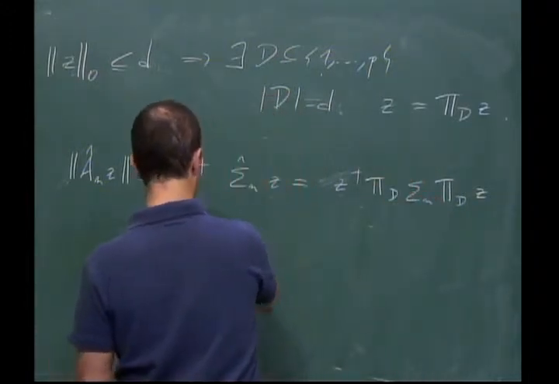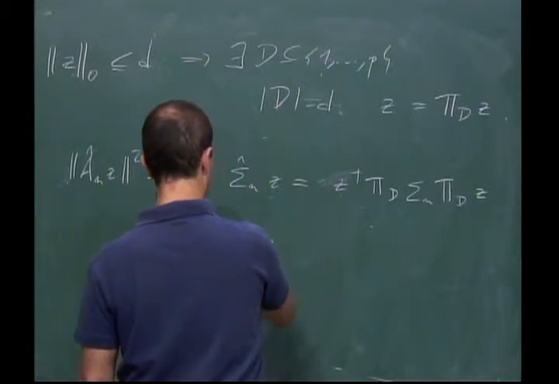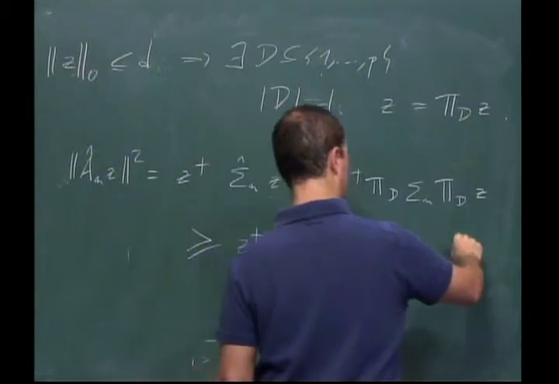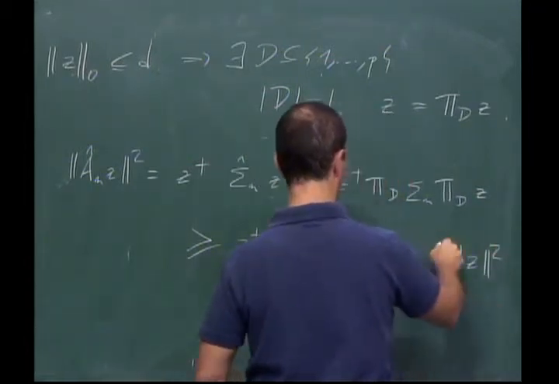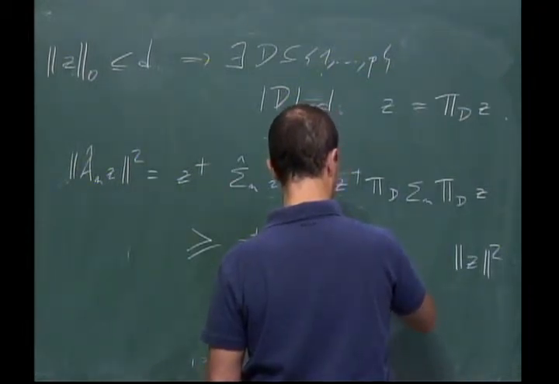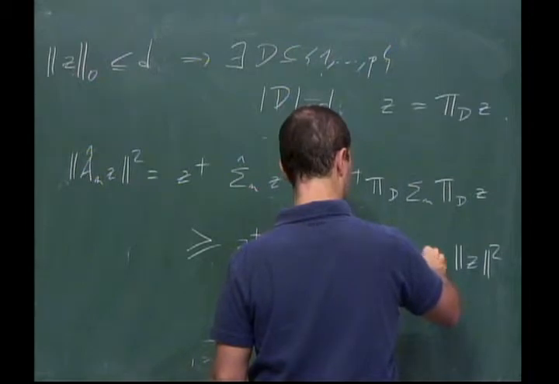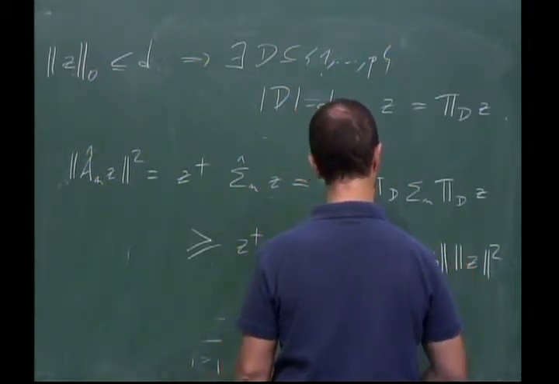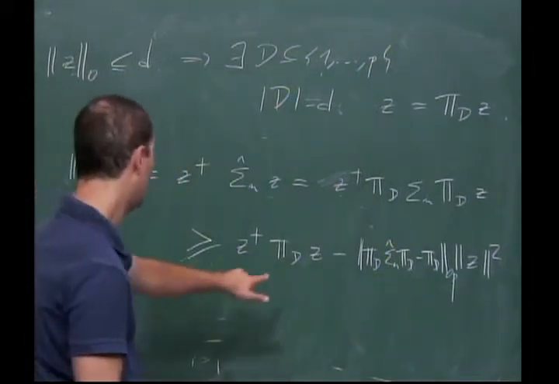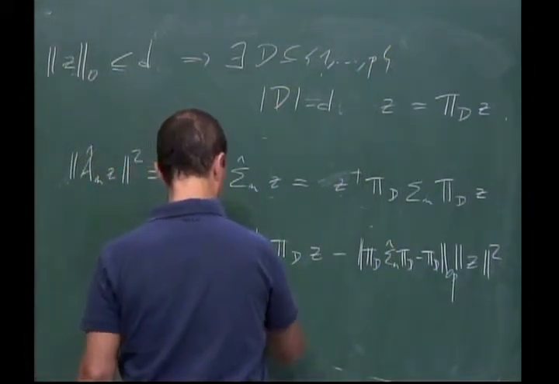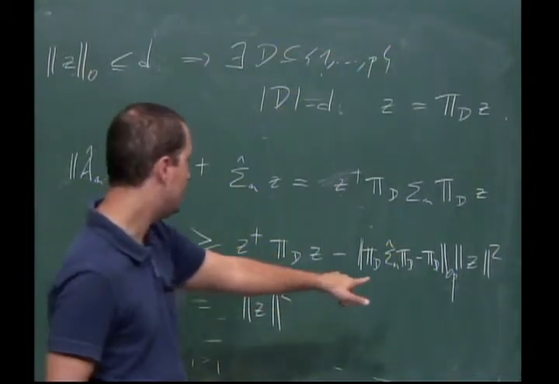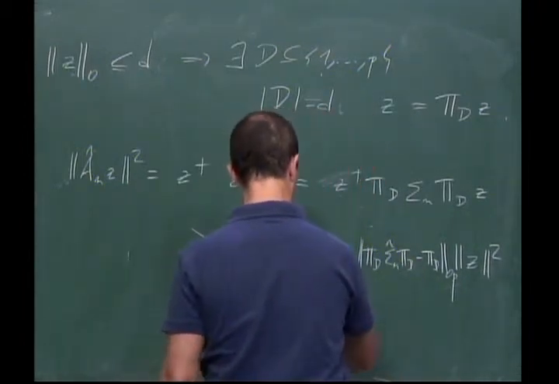And now you can say this is larger than the norm of z squared minus the operator norm times the norm of z squared. And of course, this is the norm of z itself, precisely because when you project z, it doesn't change. Whereas this is at most a half.